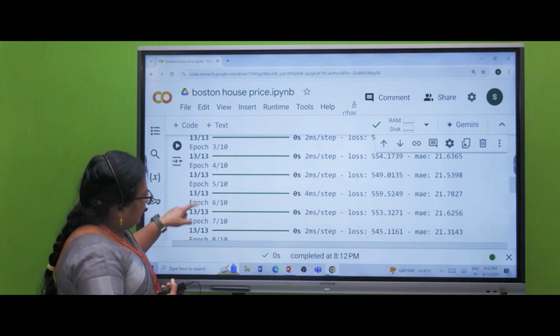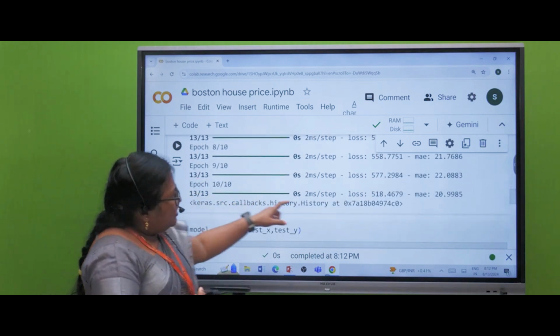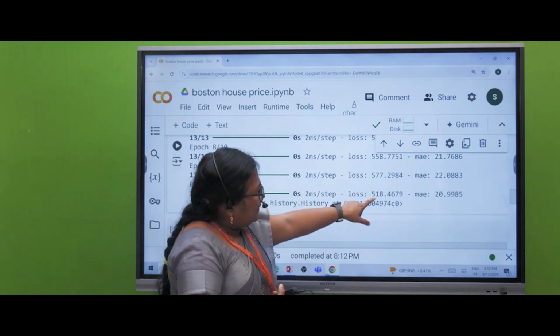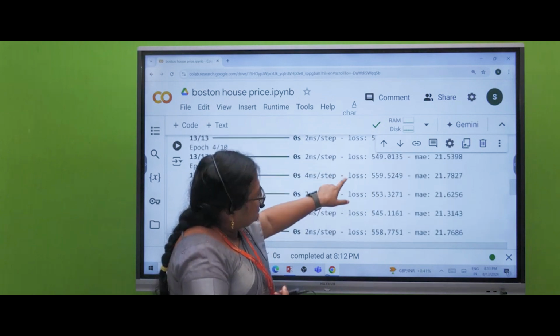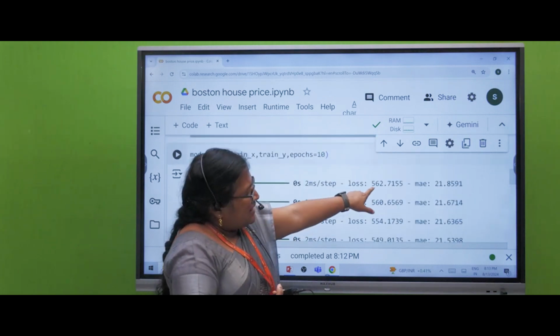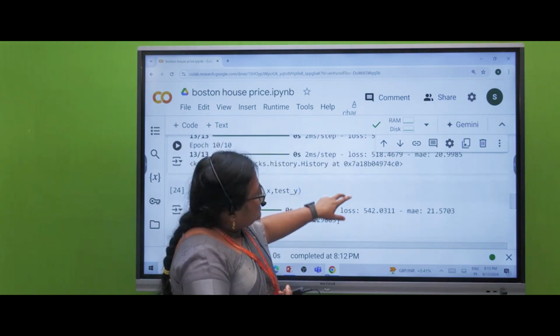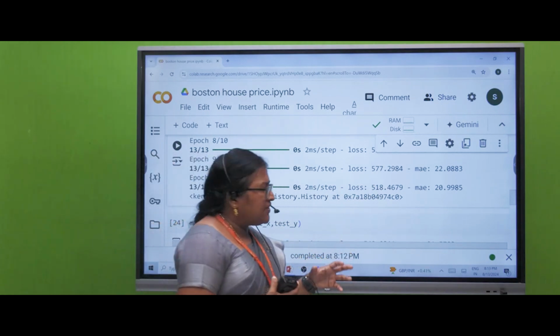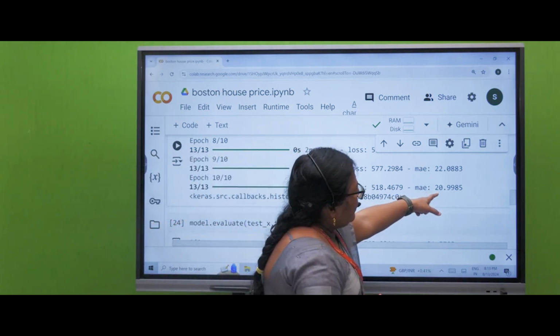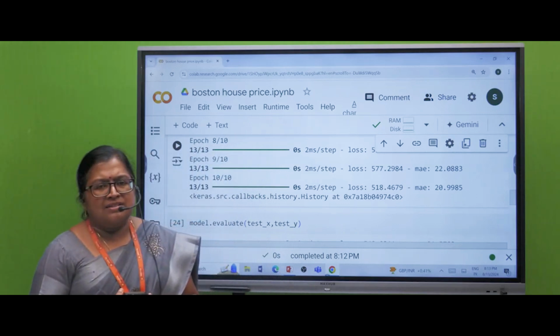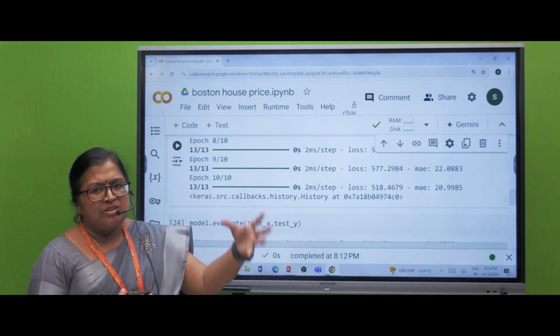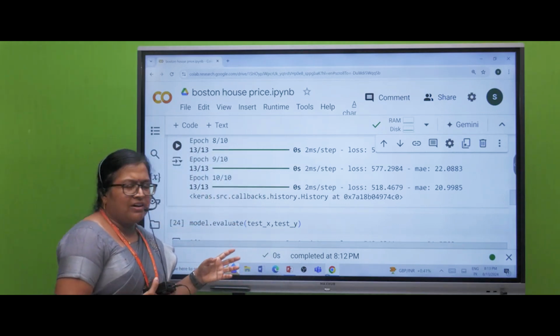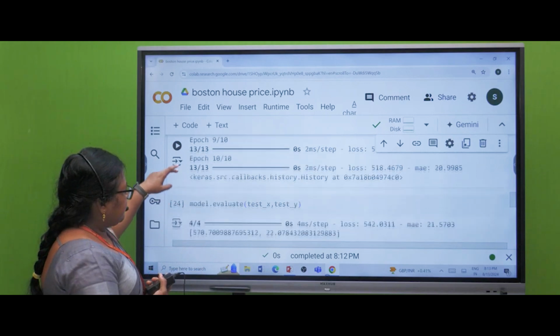When it completed 10 times, the loss had decreased to 518. The starting training loss was 562, now it is 518. There is a big difference in the loss, and the MAE is also reduced a little bit, not that much difference. So this is what epoch means.